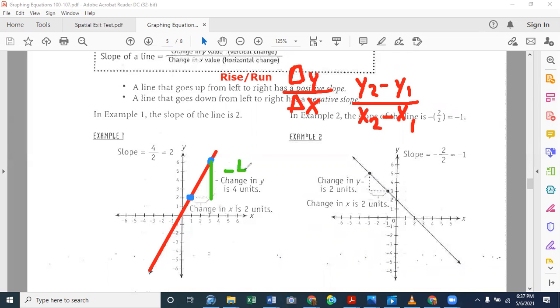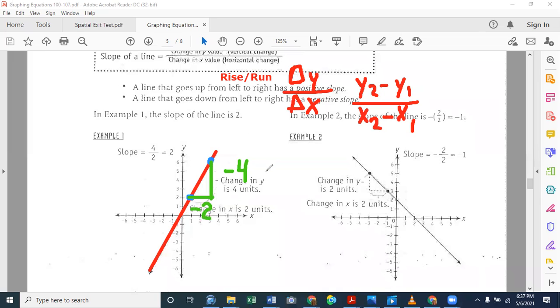And why do I say negative? Because we went down. If we went up, it would be positive. And then the next step is to hit the point from here to there. So we went from 3 to 1. How much of a change is that? Well, if we go to the left, we consider that a negative change. So from 3 to 1 is -2.